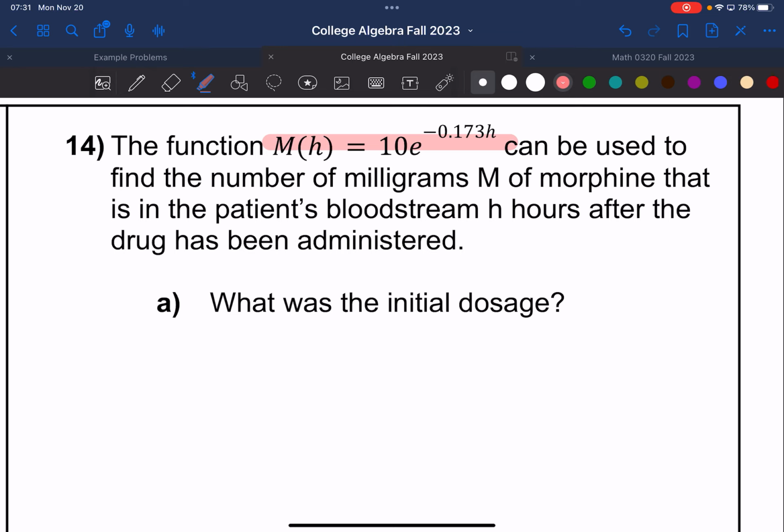Okay. What was the initial dose? 10, good. And 10, yes, milligrams. We know it's 10 milligrams because 10 is that first number. This is our initial value.